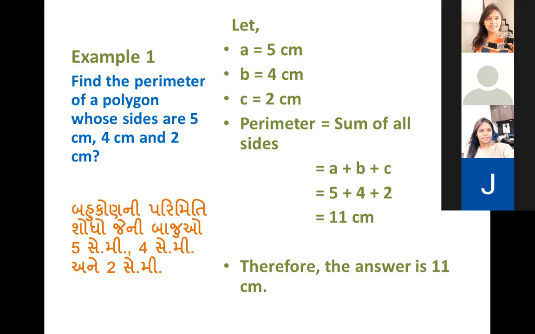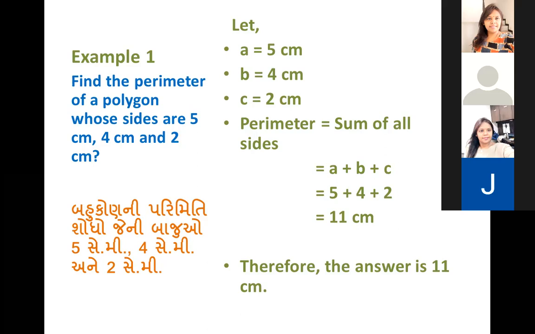અહીંયા આપણે perimeter find કરવાની કીધી છે. So perimeter is just the sum of all sides. તો બધી બાજુનો જો એડિશન લઈ લો તો તમને જે મળશે એ આપેલા પોલિગનની પેરીમીટર્સ હશે. અને આપણે એક્ઝામ્પલ કરી લીધો છે. But this question depends on 3 sides, so it represents a triangle.